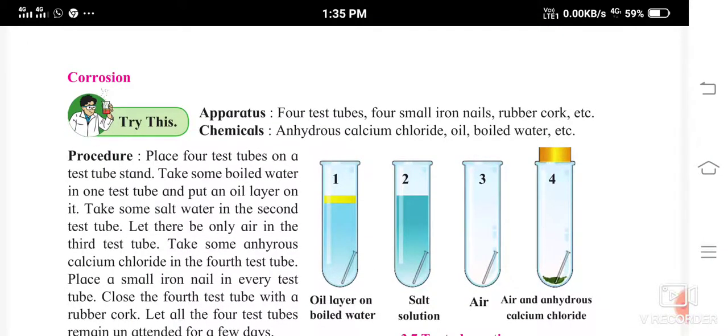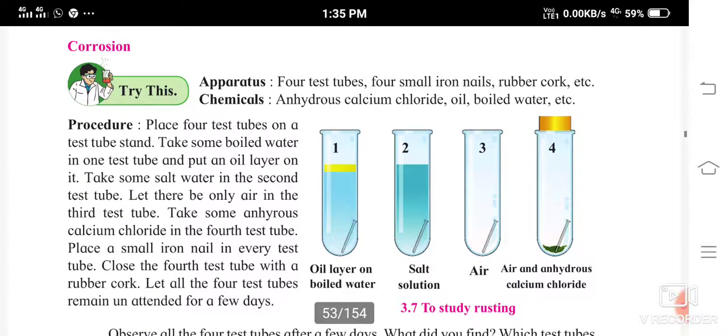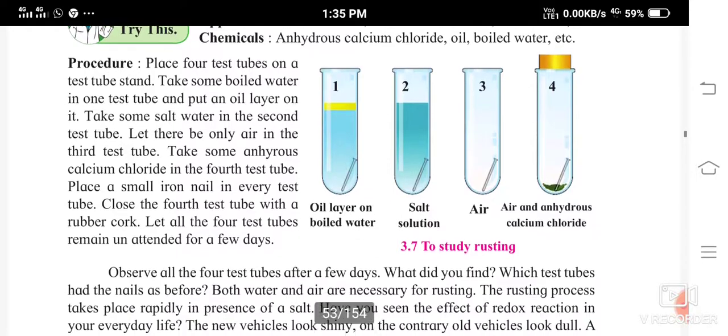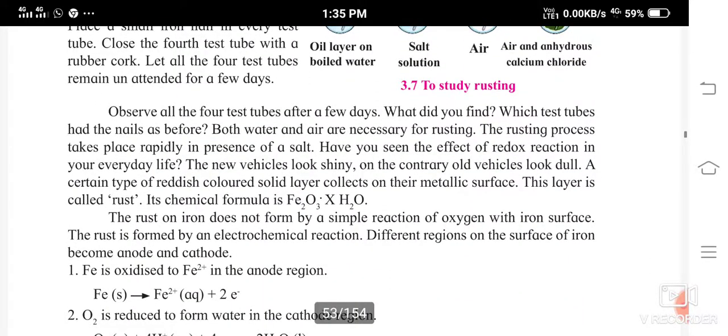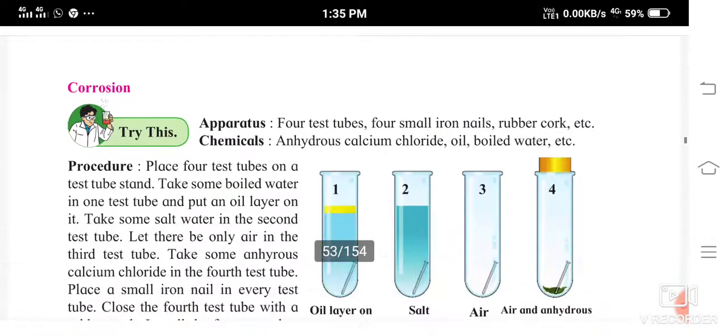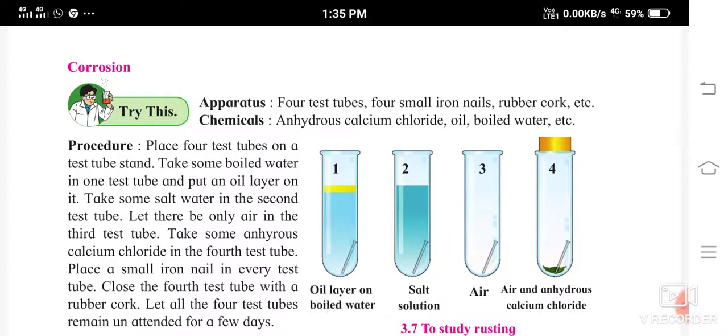Now see, the next part is corrosion. What is this corrosion? You must have seen iron particles. After some days, what happens? You can see a reddish colored layer has been formed on that.